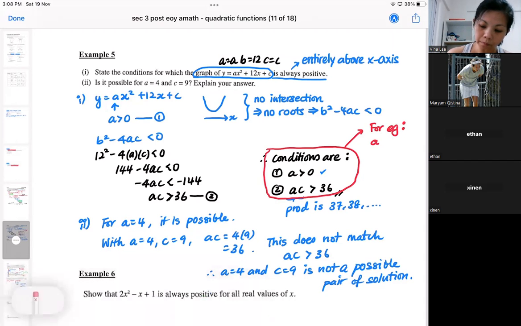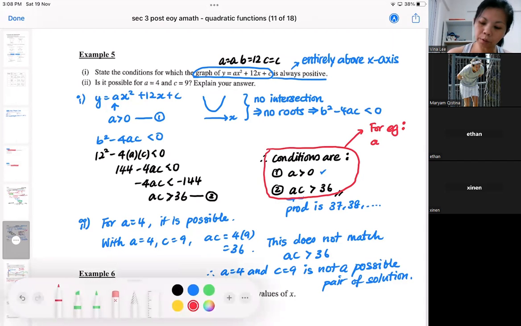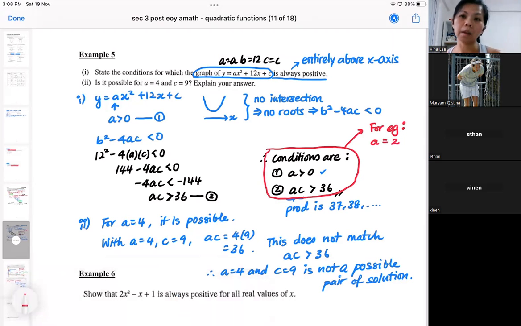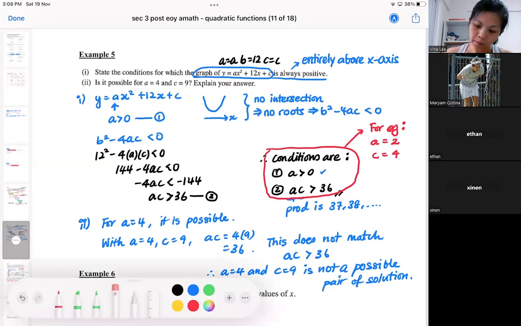And I'm going to make sure A times C must be more than 36. So maybe I'm going to choose C as 40. Okay, maybe I choose a 25.